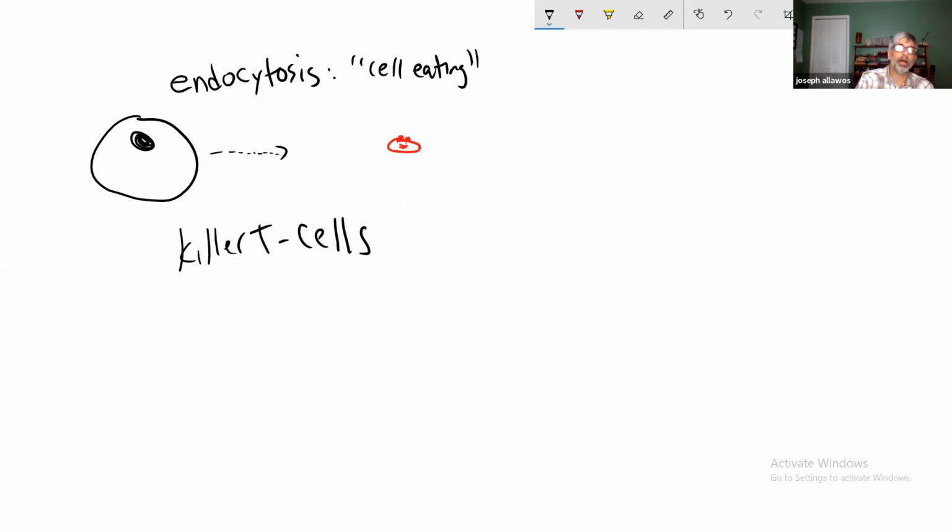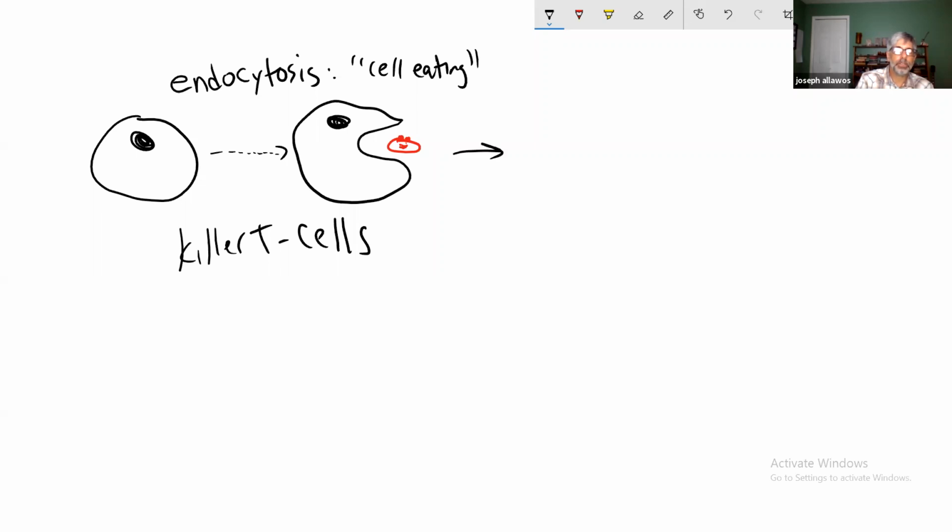And we're going to talk a lot more about that when we talk about the immune system, and viruses and whatnot. But suffice it to say, when it recognizes this as being foreign, it will form this little evagination of its membrane like this.